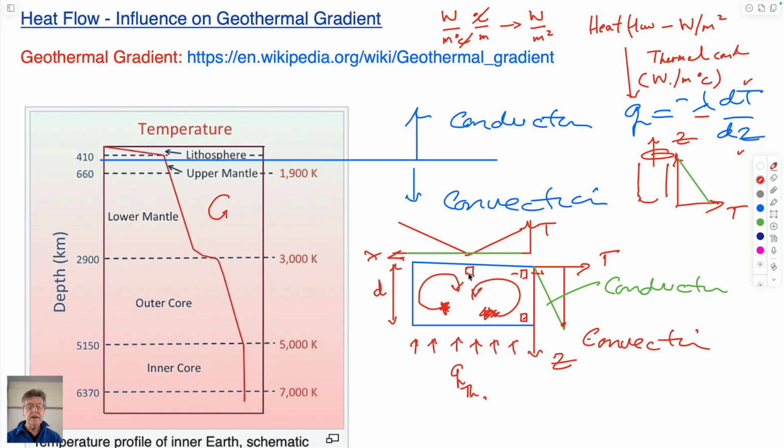Then, as it gets cooler, it shrinks, it becomes denser again, and it goes down. And so the manifestation of going up, going across, and then going down is set up as a convection cell.